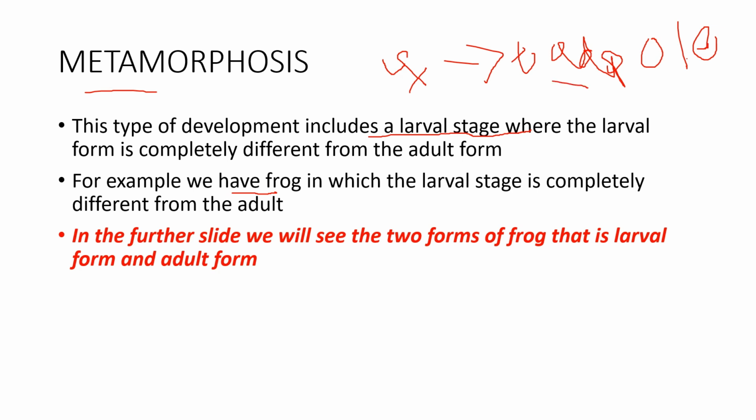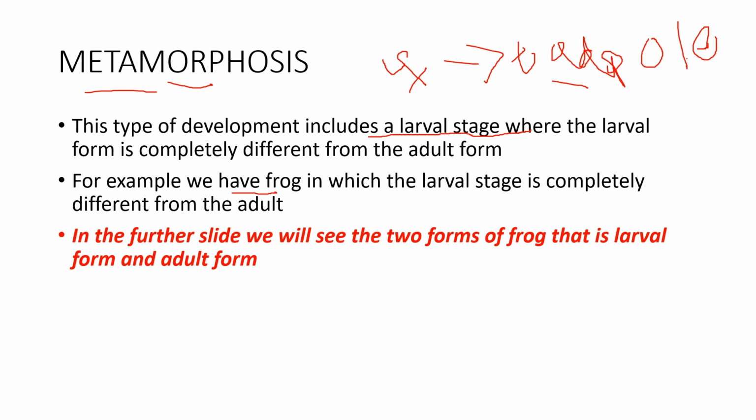Tadpole is completely different from frog. So that is called metamorphosis. That is nothing but the larval stage has a different kind of form and the adult stage has a different kind of form. It has a matured individual form, right?